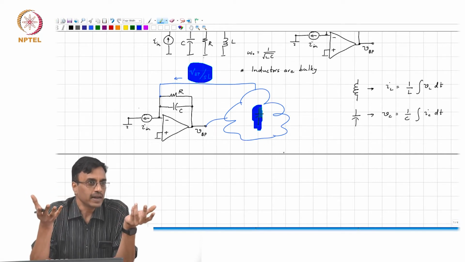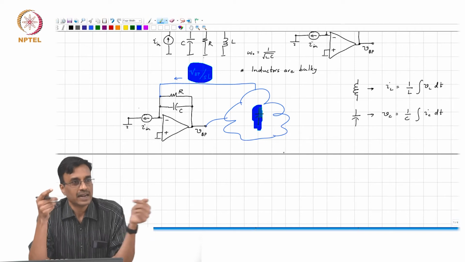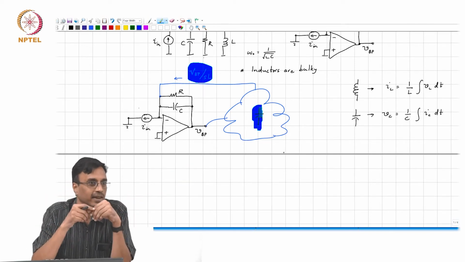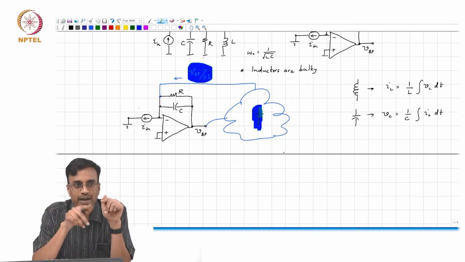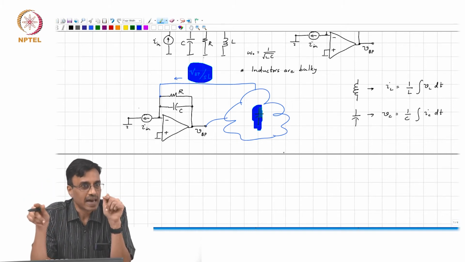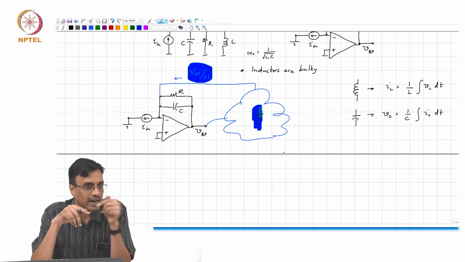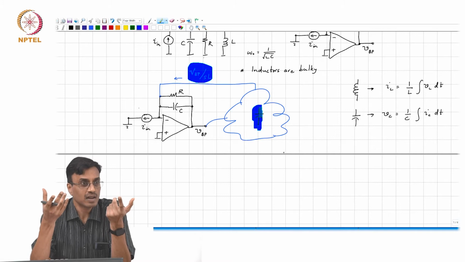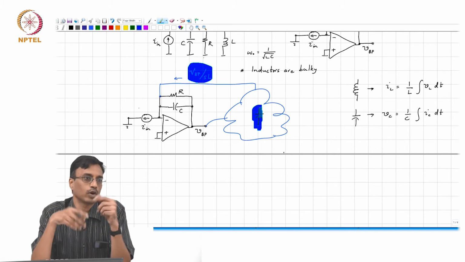Convert voltage into current, right? Okay. Integrate that current, because the capacitor, our friend inside, can only integrate a current. So you get a voltage which is now an integral of the current. And then what do you do? But what you are looking for is a current, and you have a voltage.